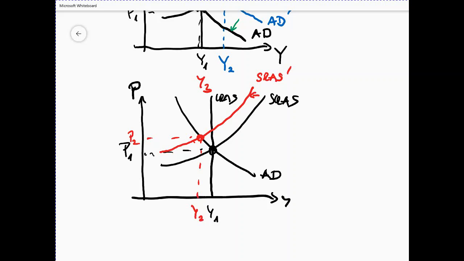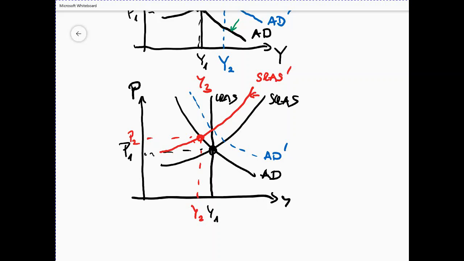Well, there are two ways how you could do something. Either the government or central bank does something to the aggregate demand. So a positive demand shock could theoretically get the economy back here. So this is one way, when actively the government restores the equilibrium.